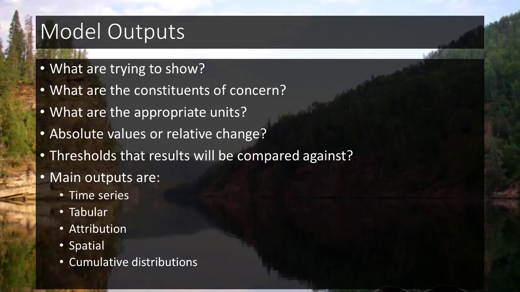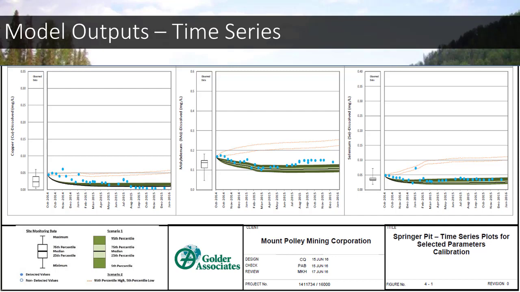And so I'm going to talk about 5 different types of model outputs, starting with the most common, which is time series. So time series are very useful in terms of understanding the long-term changes, but I'll talk about some of the drawbacks shortly.